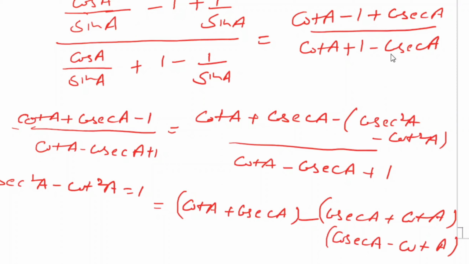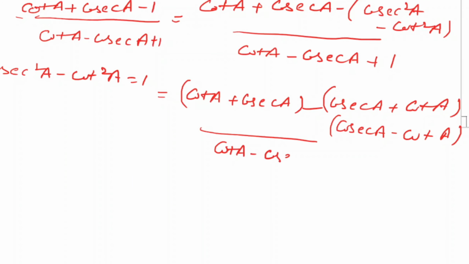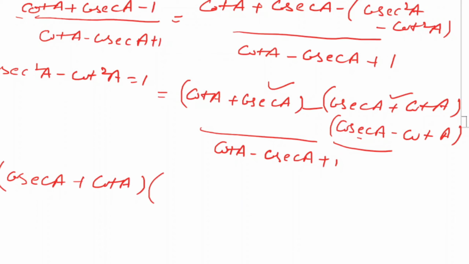Now upon this is cotangent A minus cosecant A plus 1. So if you see, this factor is common, the plus factor. So I'll just take it out, and if you recall, this was the result. Whatever we need, the rest cancels, so that's good. 1 in the first term and minus of these two terms.